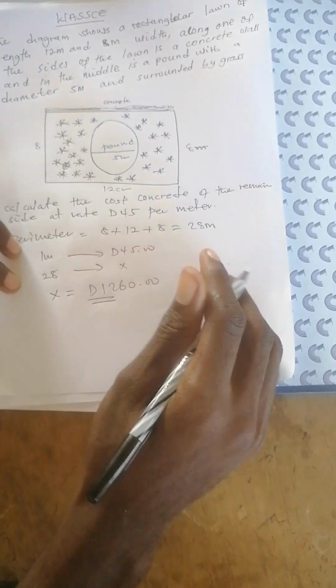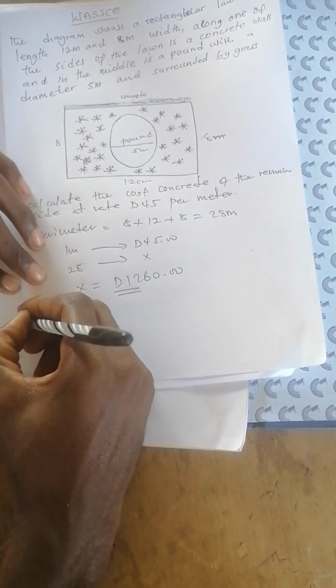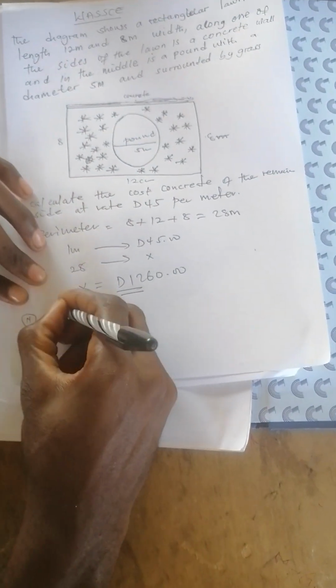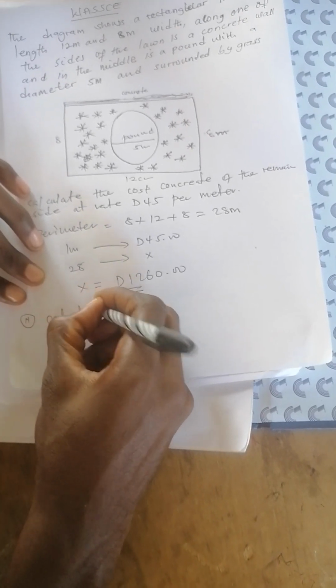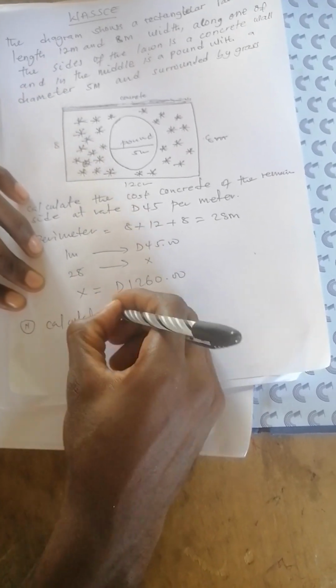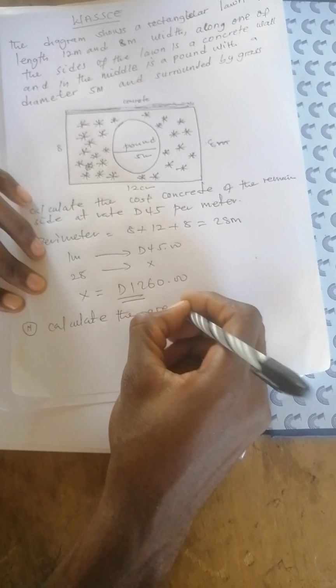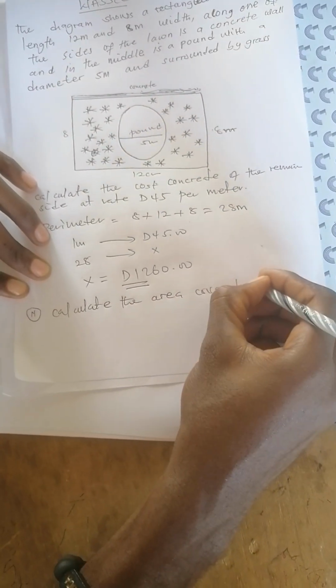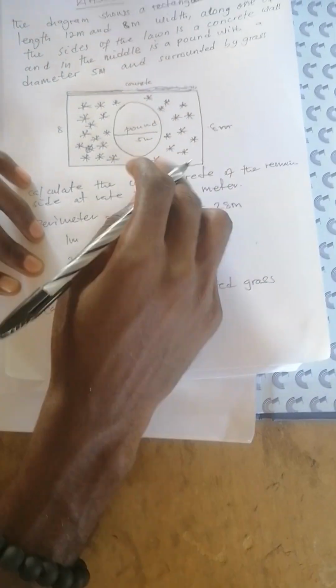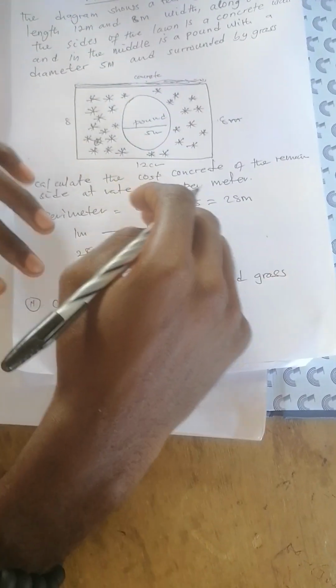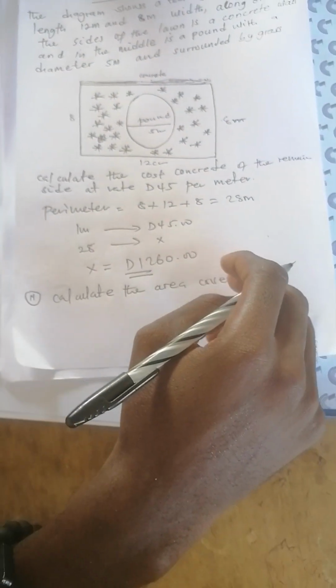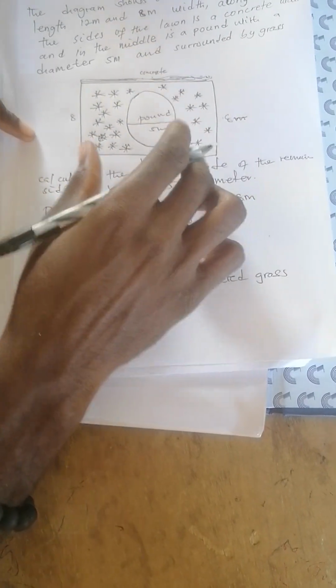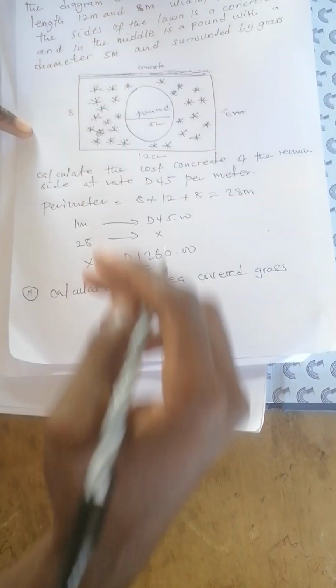Now part two of the question says calculate the area covered by the grasses. If I want to know the area covered by the grasses, it's going to be the area of the total figure, that is the rectangle, minus the area of the circle.